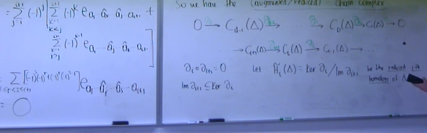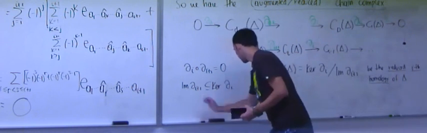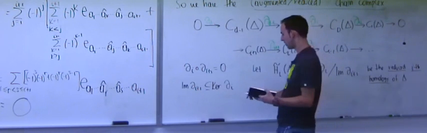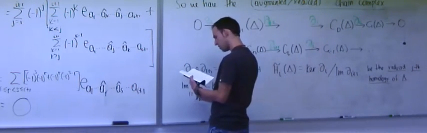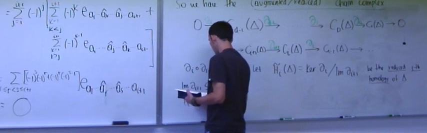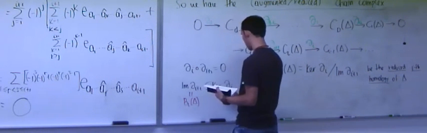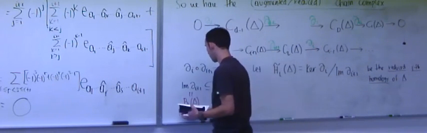And just to give you a couple of names of things that maybe you'll see in other books, sometimes this receives the name of Bi of delta, and this is called the boundaries.